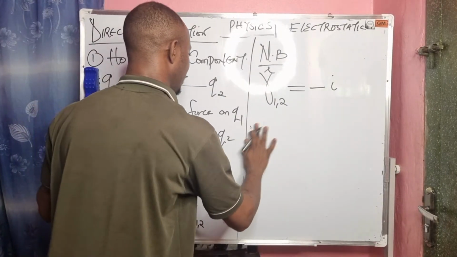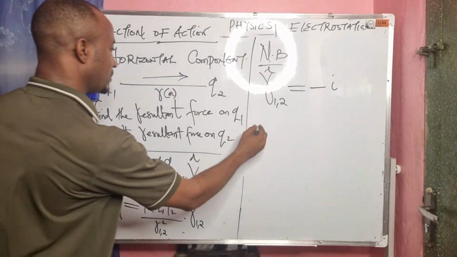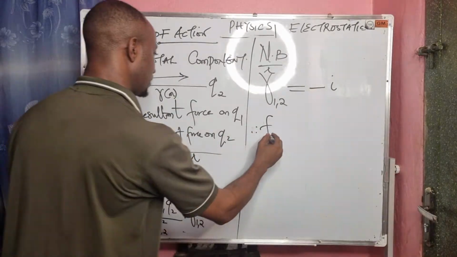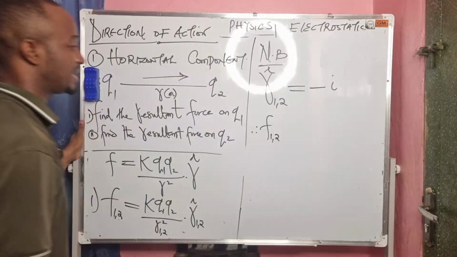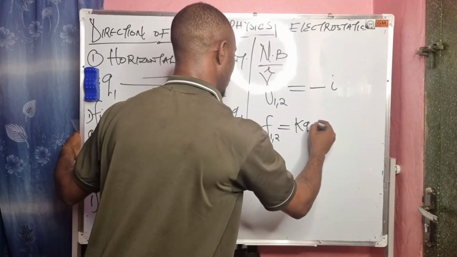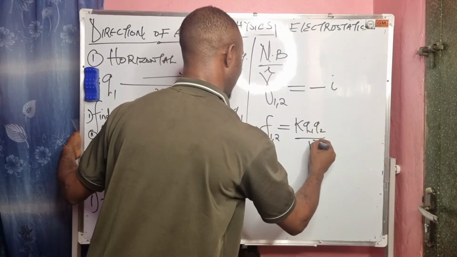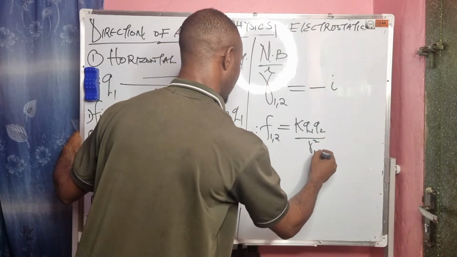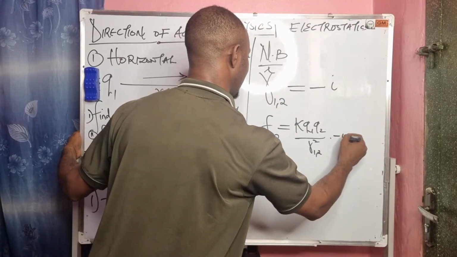For number 1, let me finish up this. Therefore F12, which is the same as F1, equals K Q1 Q2 over r squared 1 2 times minus i.